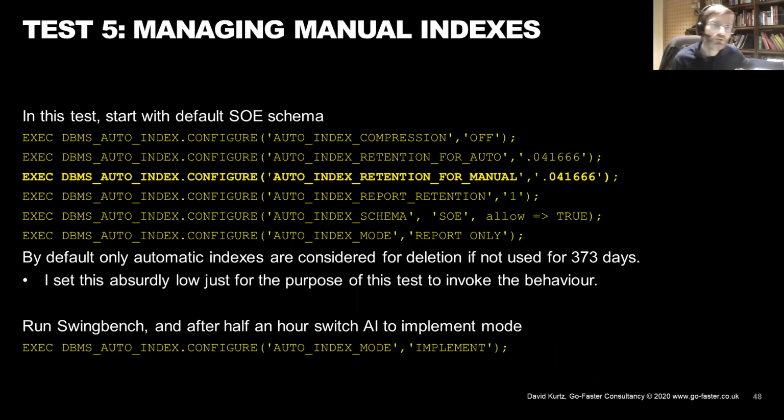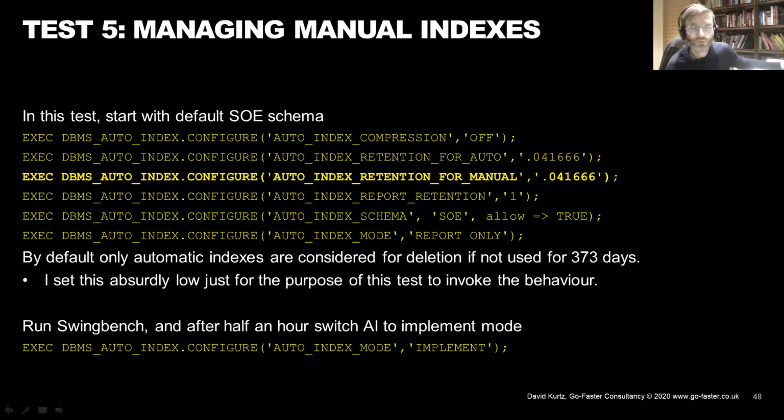The last test was to look at what happens if I let automatic indexing manage my manual indexes. So this time, all of my indexes are in place. I'm not going to drop secondary indexes. And I've told automatic indexing that it can remove automatic and manual indexes after 1 hour, 0.0416 recurring days.